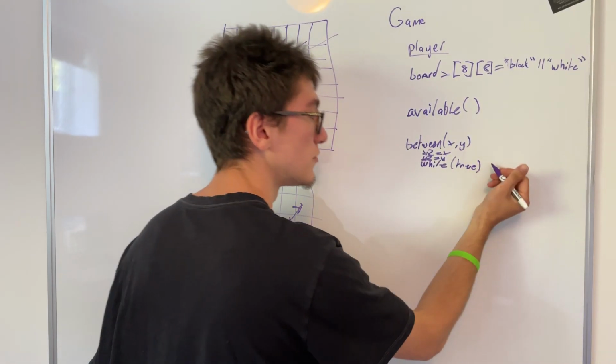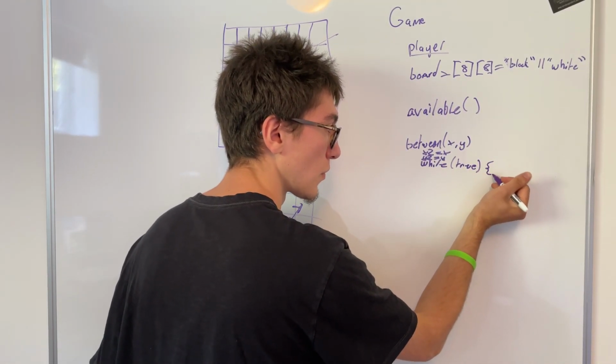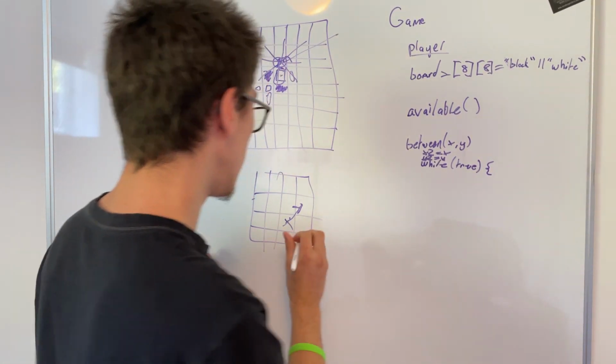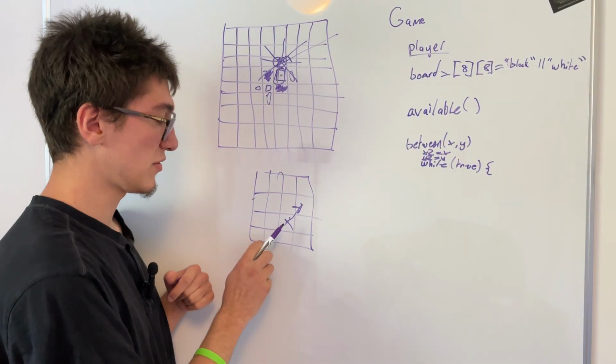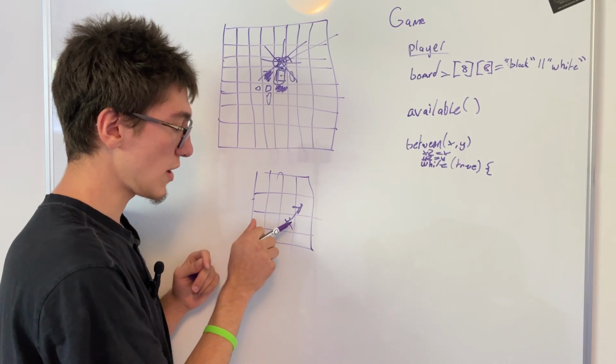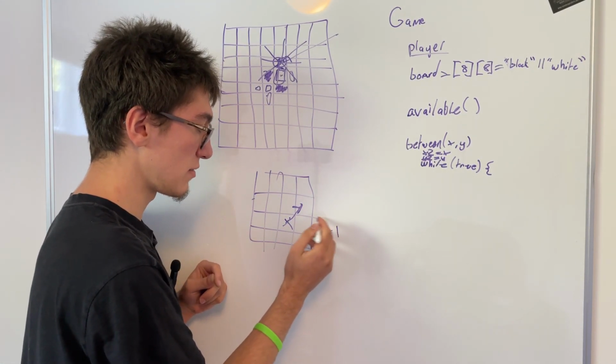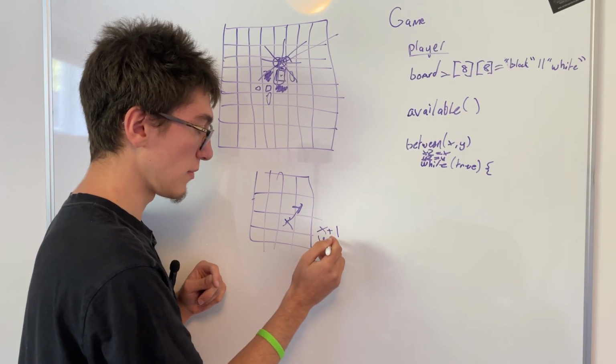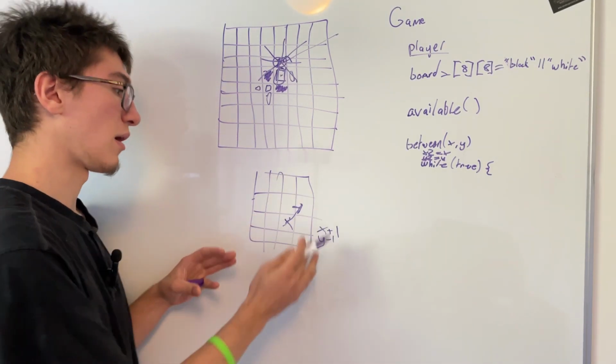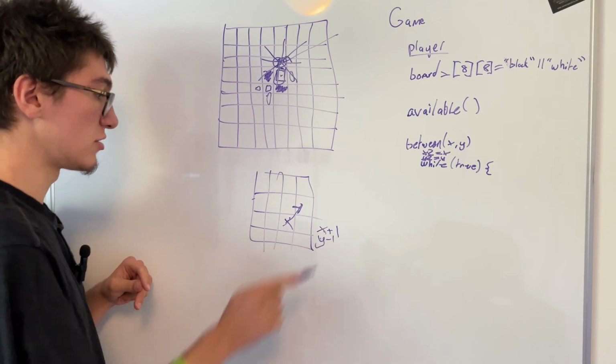So while true, what we want to do, in this case top right, is add to x and reduce y by 1, right? At the same time, whenever I do this, I need to do this, right?